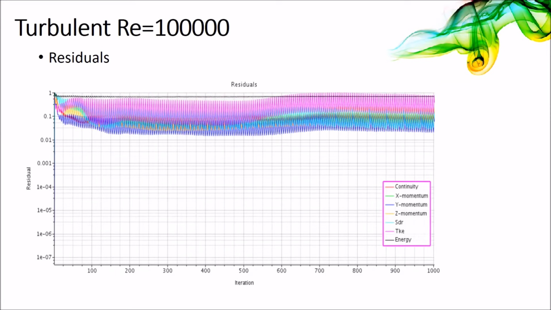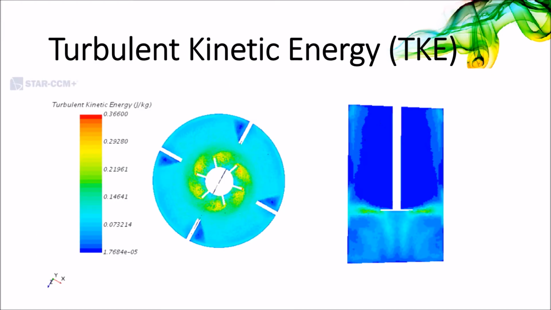For the highest Reynolds, these are the residuals. Now it is possible to see that as the velocity increases, the turbulence kinetic energy also increases. Since the model is made for turbulence, in this case the residuals are established in the same range and the turbulence kinetic energy volume is at maximum.